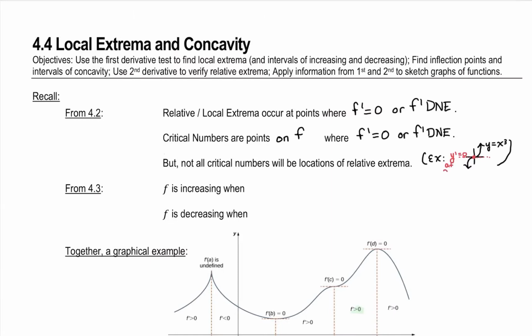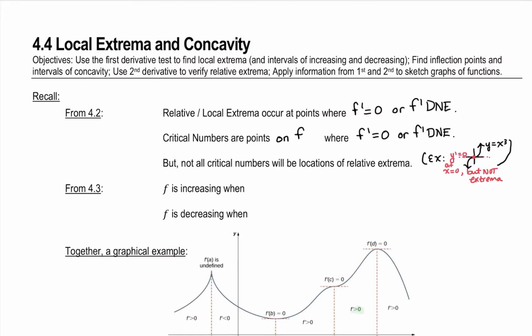But that is not the location of a local extrema. So not every critical point is going to be a relative extrema. And so that's why we call them critical numbers, and then we investigate further to decide if in fact we might have an extrema.